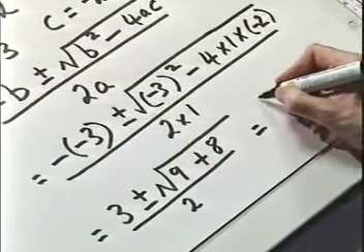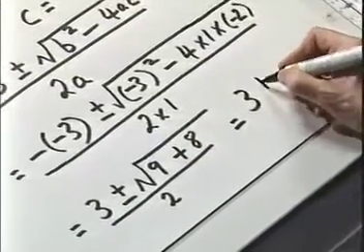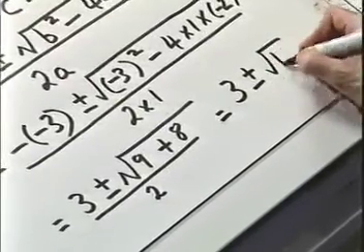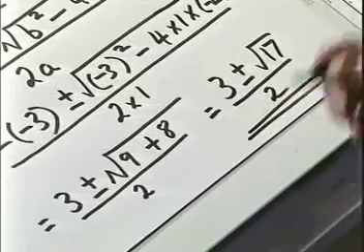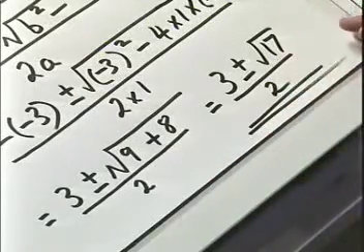And what we see we've got is 3 plus or minus the square root of 17 all over 2, which are the answers that we had before. Again, we can work out each of these answers, 3 plus root 17 over 2 or 3 minus root 17 over 2, using a calculator. But again, remember, any answers you get doing it that way are approximate. These answers are exact.